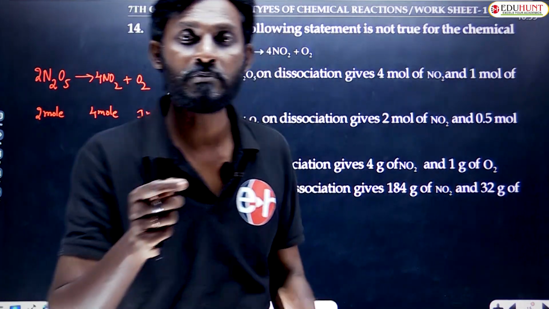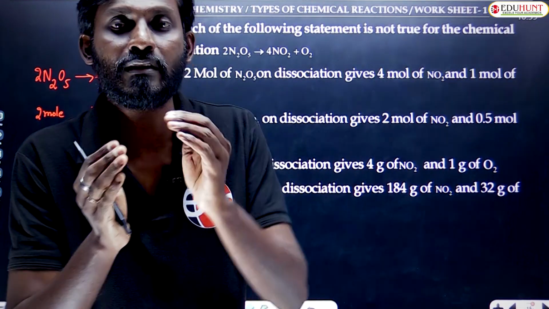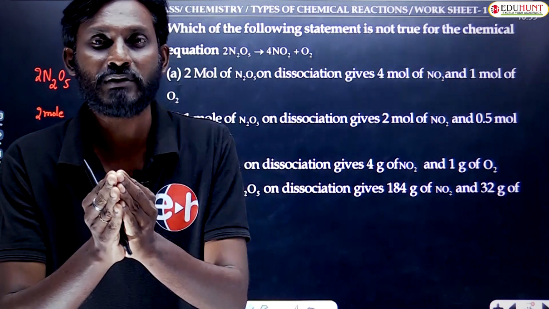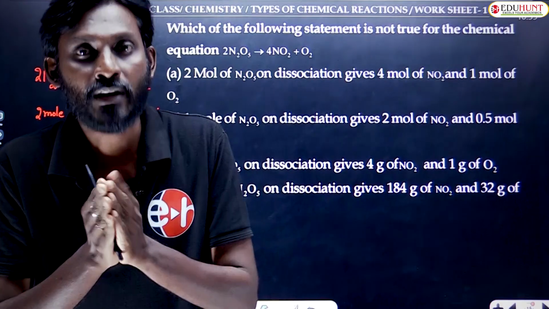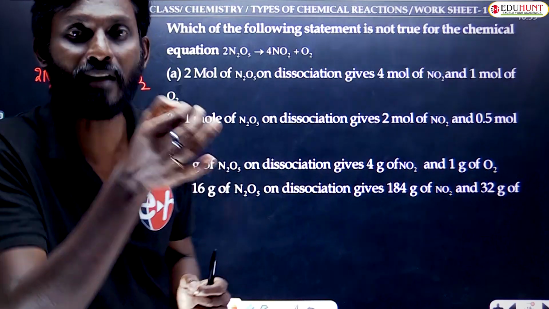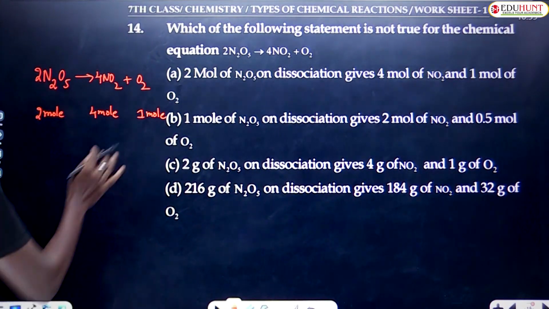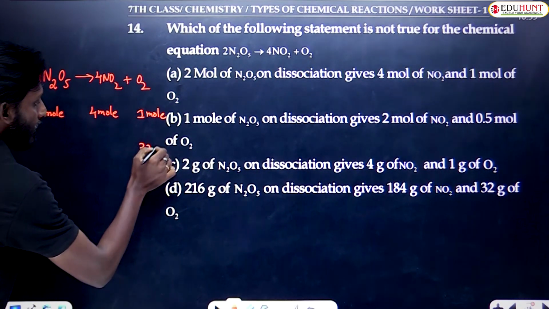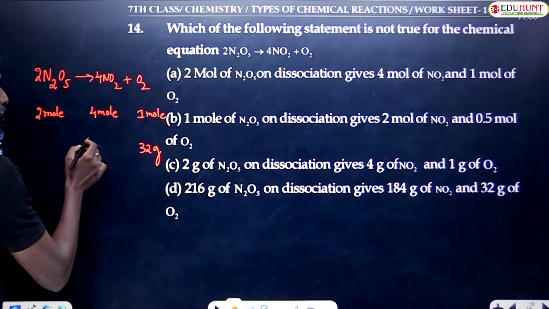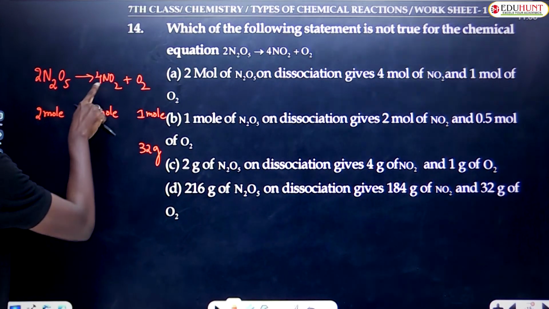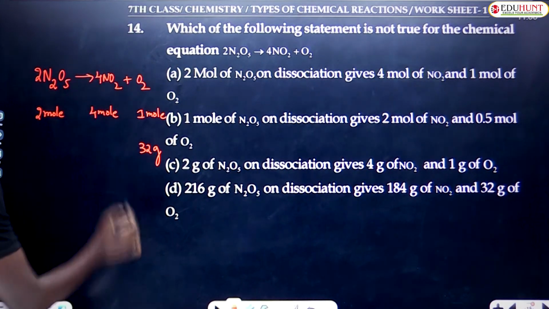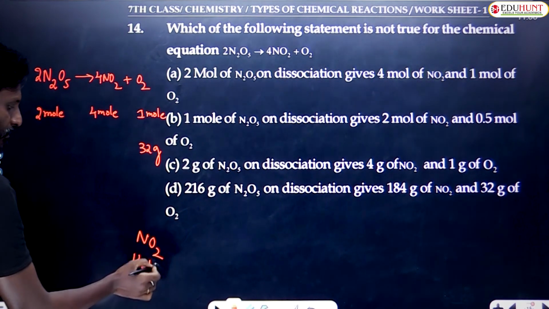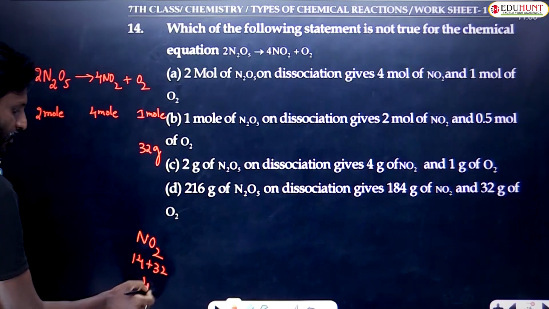Fine, right? But the point is, 1 mole of any substance, the mass of 1 mole of substance will be equal to the gram molecular weight. So if it is 1 mole, the gram molecular weight of oxygen is 32 grams. 4 mole means 4 into the gram molecular weight of NO2, which will be 14 plus 32, it will be 46.